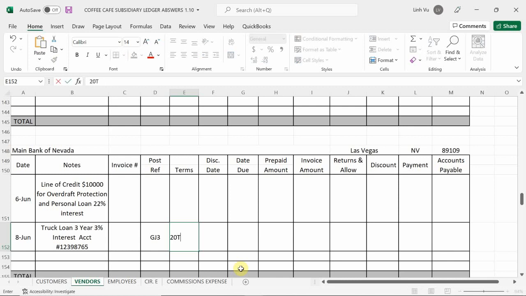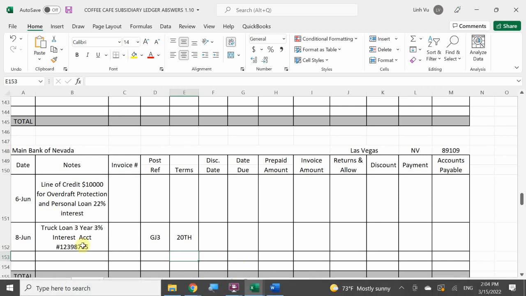So that's your terms. It's going to be net 20th. That means the bill is going to be due every 20th of the month.